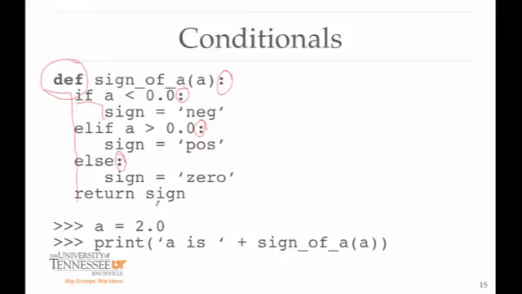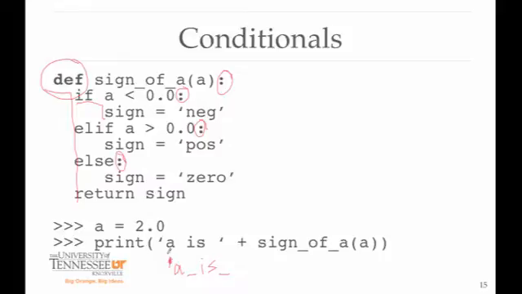And then down here at the bottom, what you're seeing is just an illustration of the use of this function. We set a variable a equal to 2.0. It's a float. And what we do is we print, first of all, a string. So we're going to print, with a space, 'a is', space.